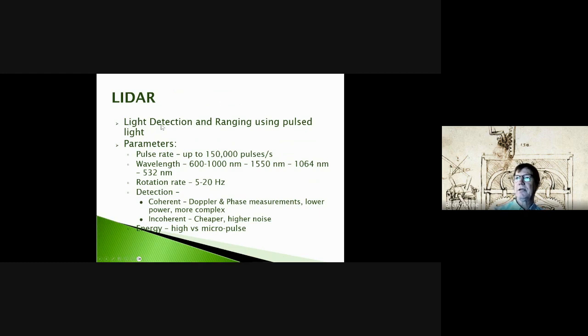So we're doing light detection and ranging using pulsed light. You can have pulse rates on the order of 150,000 pulses per second. Wavelengths vary depending upon application and how much you want to spend on it. I think this one is for aerial use, and 532 is more if you're going to shine a laser in seawater in the ocean.